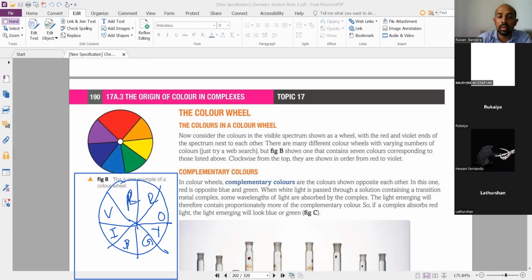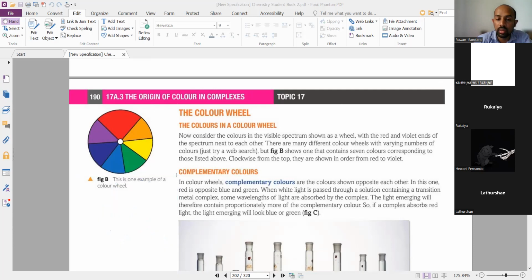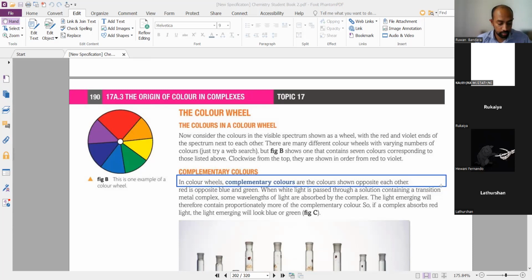Next one, complementary colors. Colors opposite to each other.